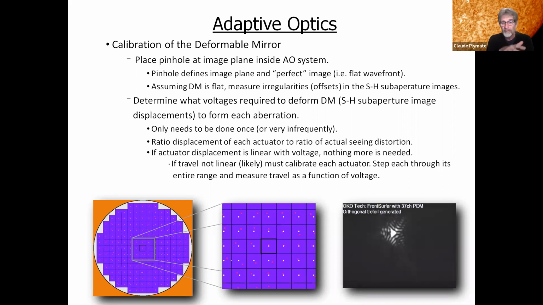Now, once you have that, you just need to record what the voltages are that make each of those aberrations. And then once we are done and actually working, the computer knows how to make each aberration.